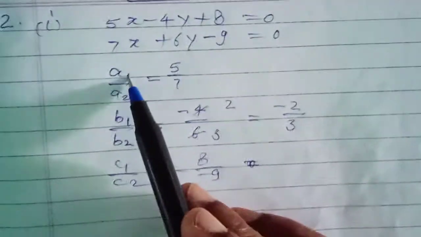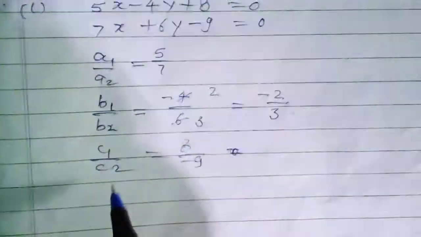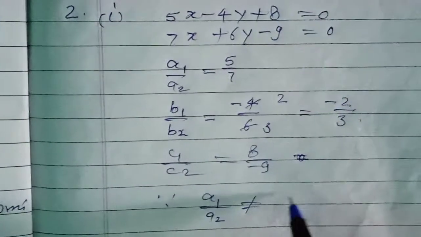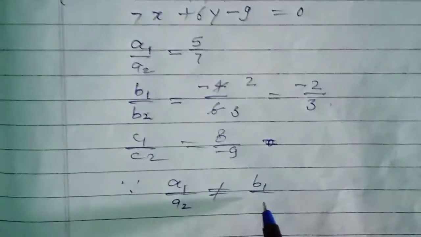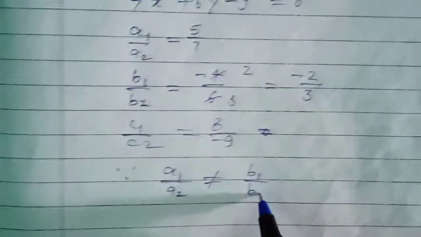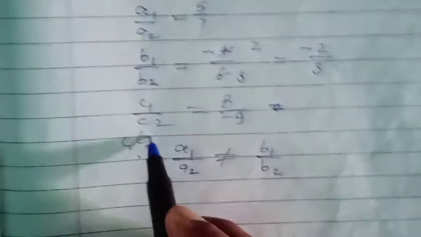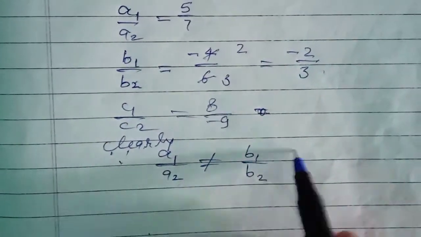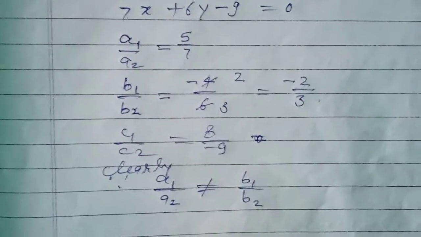Now, a1 upon a2 is not equal to b1 upon b2. Here you can write clearly that a1 upon a2 is not equal to b1 upon b2.